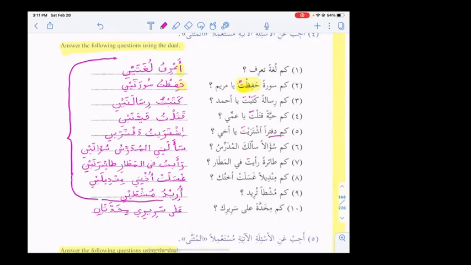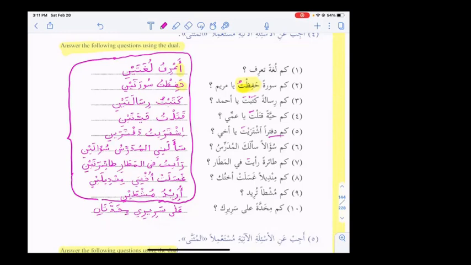All these things will have mafulun bihi. That is the beauty of Dr. Abdurrahim, that the exercise is to give more practice to the students. Same idea, dual form mafulun bihi.